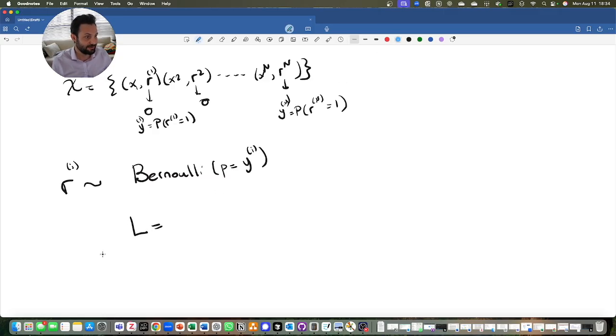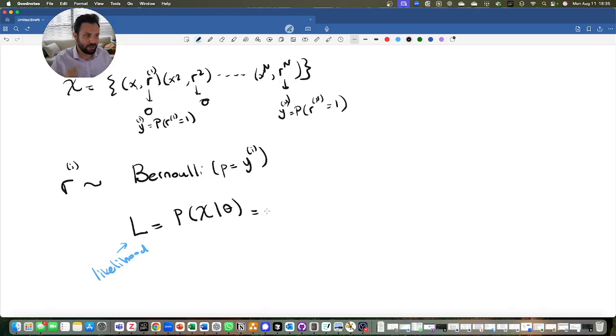Let me write. So likelihood is, generally speaking, the probability of observing what you have observed in your data set, conditioned on the parameter. So likelihood is always testing a parameter that is to be estimated, right?